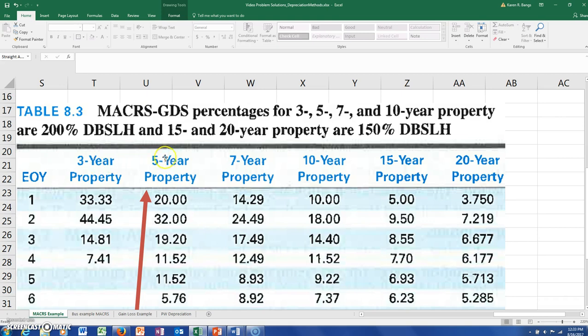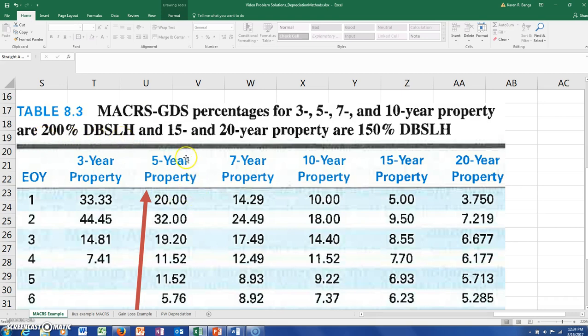Now, we know that for 3, 5, 7, and 10 year we use double declining balance, and for 15 and 20 we use 150% declining balance that converts to straight line. For 3, 5, 7, and 10 year, we use 200%, also known as double declining balance. It converts to straight line.